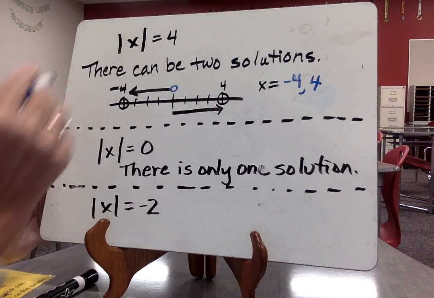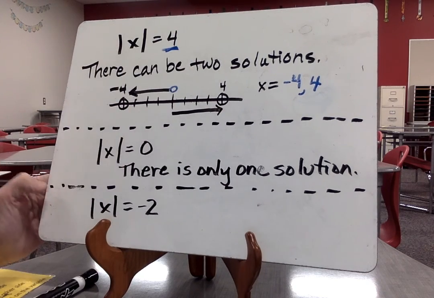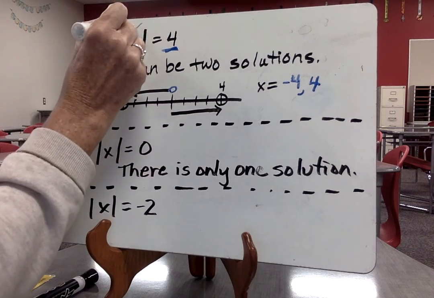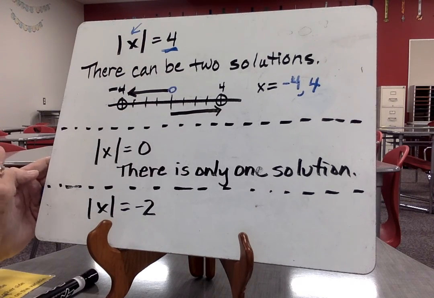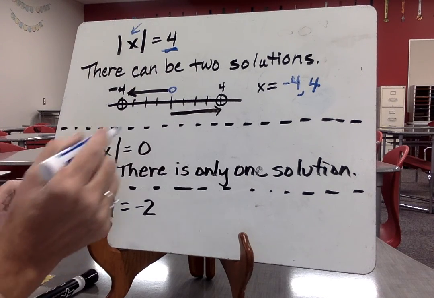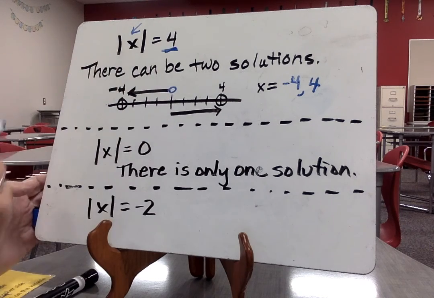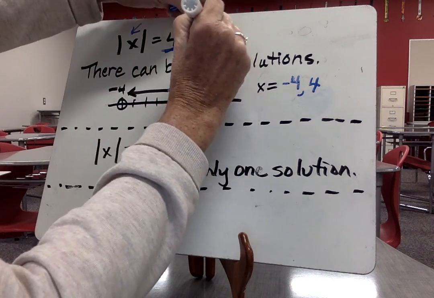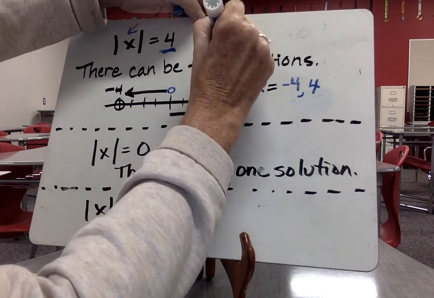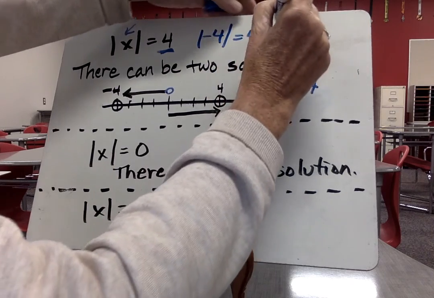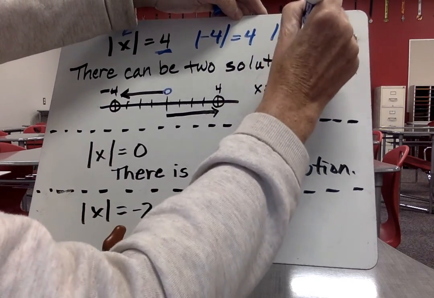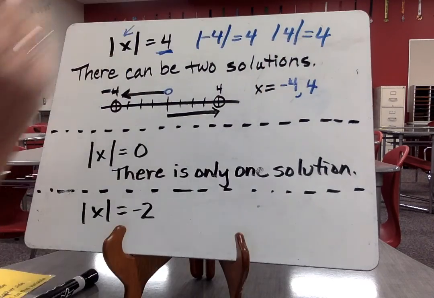So your original equation here can't be a negative number, but inside here it can be a negative number. So there's two solutions to x, absolute value of x equals 4. Again, -4 can go in there because -4 absolute value equals 4 and absolute value of 4 equals 4.